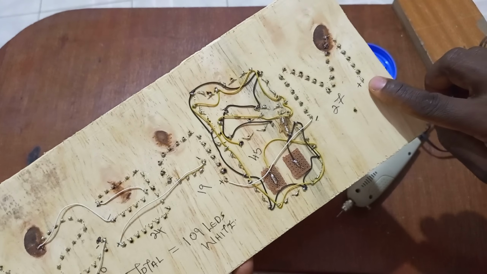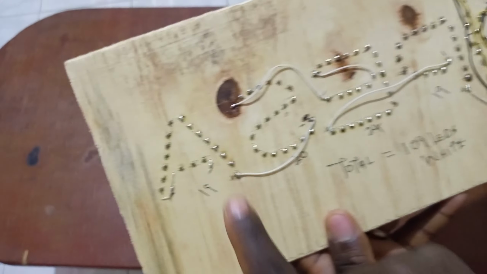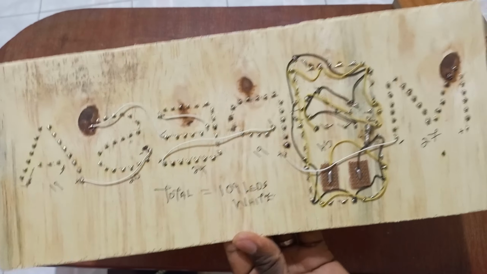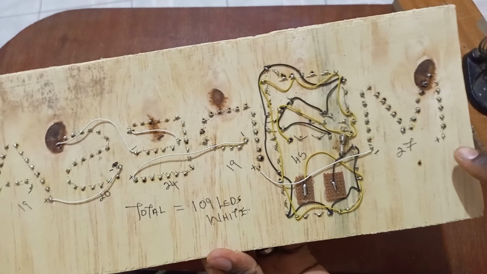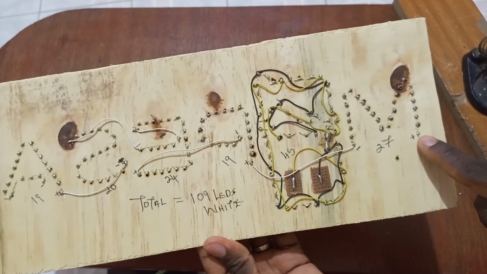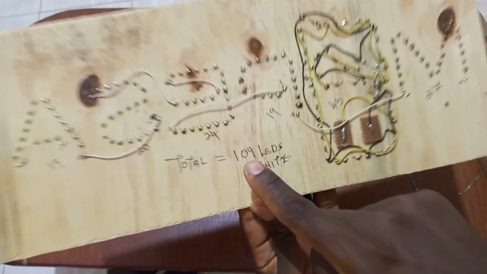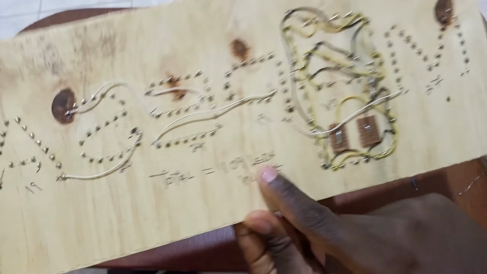We have the anode here and the cathode. The LEDs I'm using are white from here up to here, and they are in total 109.